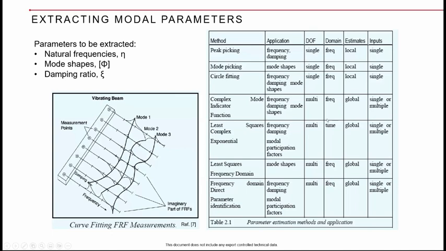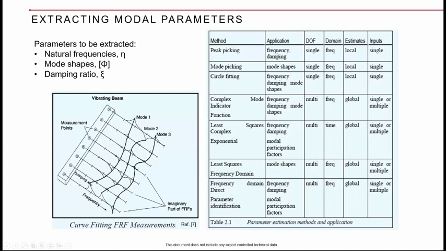Whereas global, when we say, at a time, the whole response curve will be approximated with curve fitting approaches, and then all the parameters will be extracted at a time for all the mode shapes and all the frequencies, and that will be reported out. So you see here, the most common ones are peak picking methods, mode picking, and circle fitting methods. These are the methods which give us frequencies and damping.